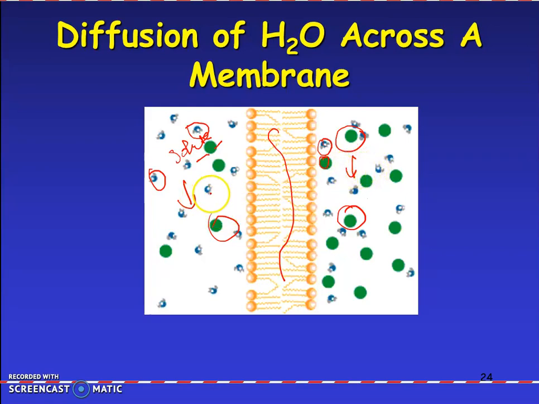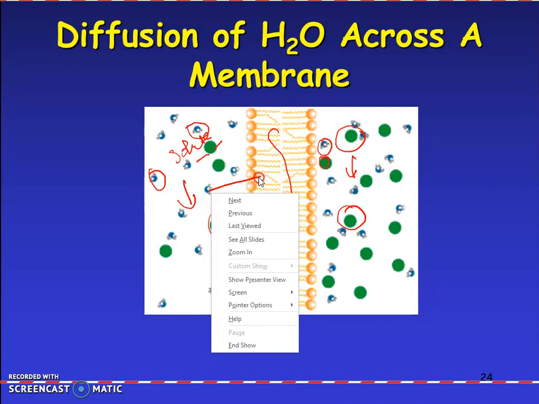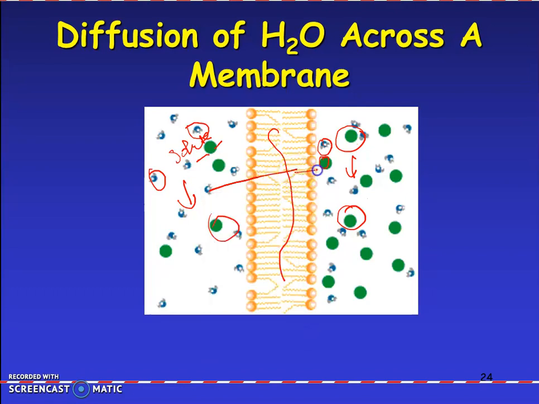So this water is going to move across the semi-permeable membrane from a high water potential to a low water potential. Conversely, where the concentration of solute is high, on this side, the water potential is going to be low. So water moves from a high water potential to a low water potential.